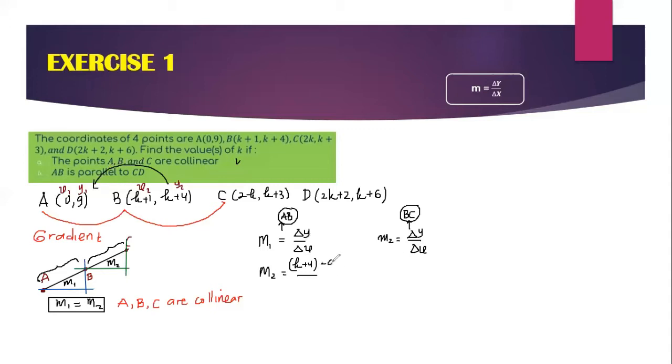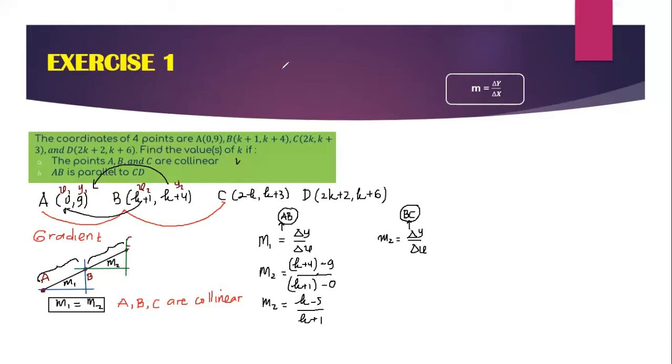Minus 9. And then delta x, x2 minus x1, so k plus 1 minus 0. So M1 equals k minus 5 over k plus 1.